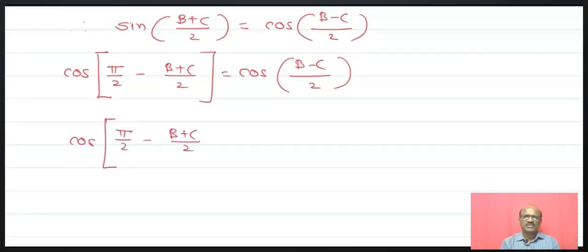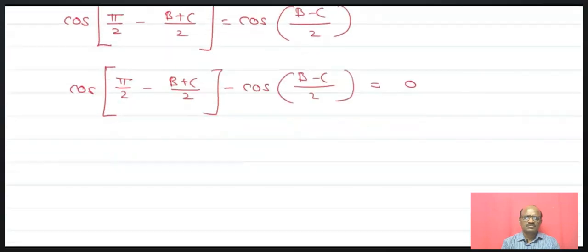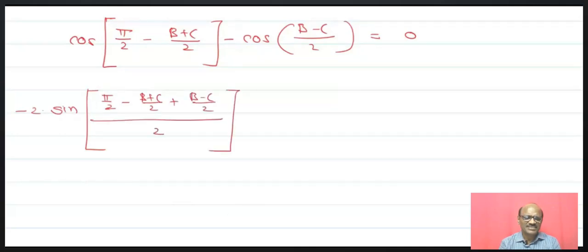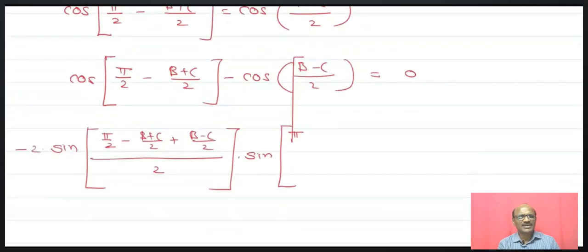Now see this here, pi by 2 minus (b plus c) upon 2 minus (b minus c) upon 2. Now here we have applied again the formula for cos c minus cos d, that is minus 2 times sine of (c plus d) upon 2 and sine of (c minus d) upon 2.